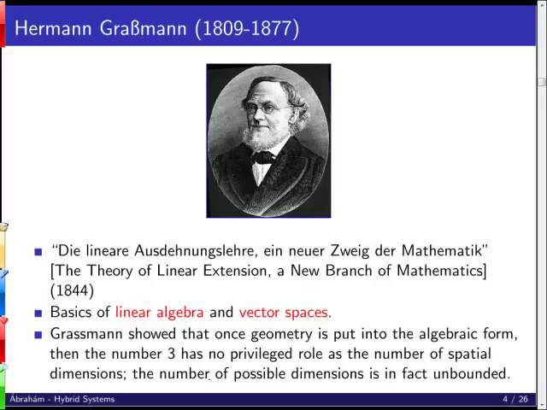You can have any possible dimension, and it is in fact even unbounded. So we generalize 2- or 3-dimensional geometry to linear algebra and vector spaces. It was not called algebra at that time, but this gives the name of counting. That means geometry can be led back to something which has to do with counting.